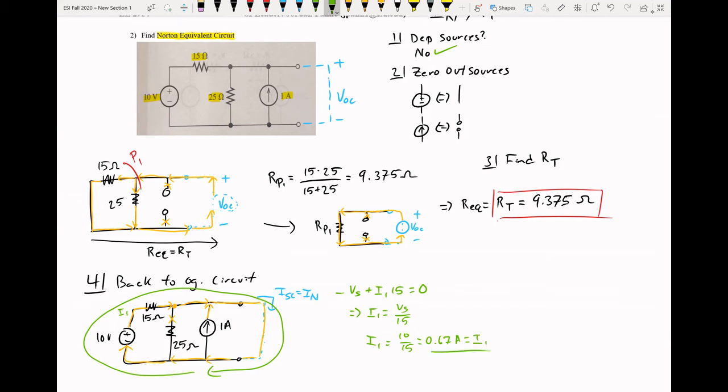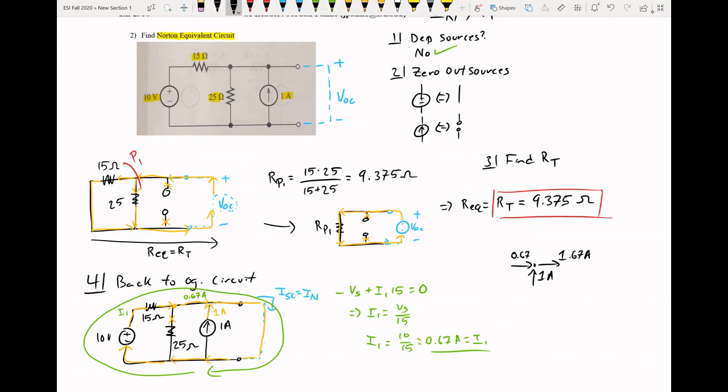Okay. And so now we know that 0.67 amps goes in that way, and we know 1 amp goes that way. If we add those together, 0.67 plus 1 amp, that's 1.67 amps.